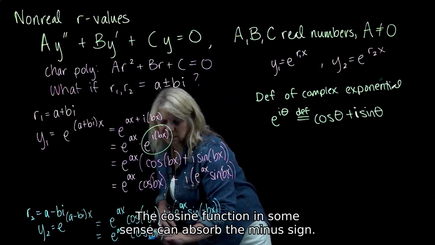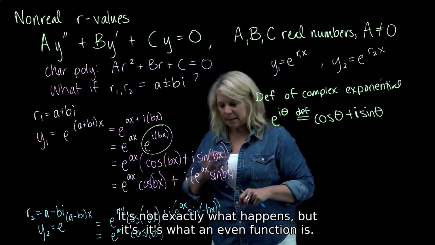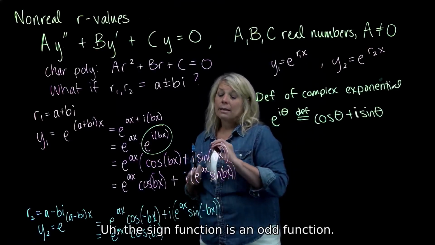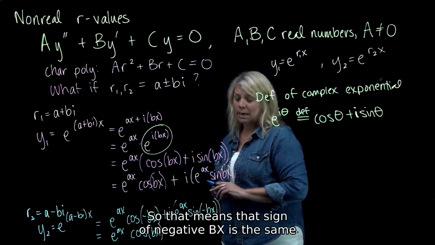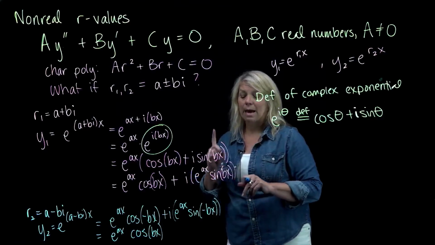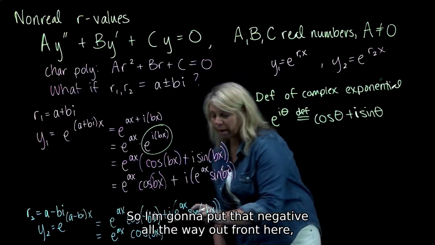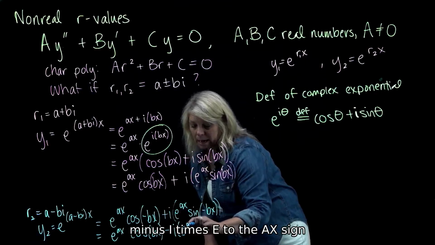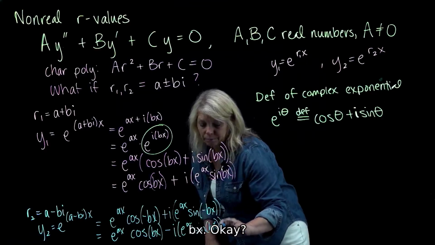The cosine function in some sense can absorb the minus sign. It's not exactly what happens, but it's what an even function is. The sine function is an odd function, so that means that sine of negative bx is the same as negative sine of bx. So I'm going to put that negative all the way out front here. Minus i times e to the ax sine bx.